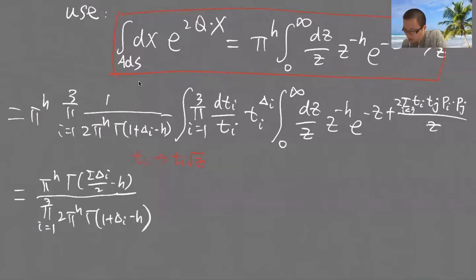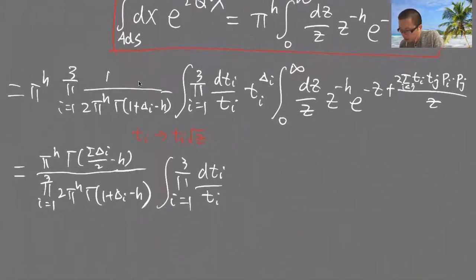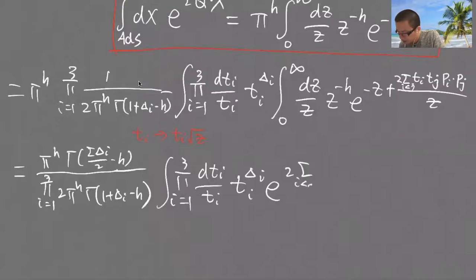Now after the z integral, we are left with a t integral, which takes the following form, with t_i t_j P_i · P_j.